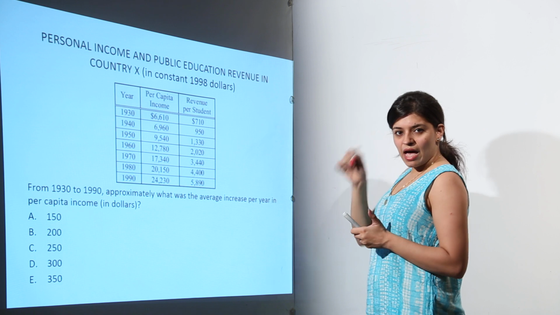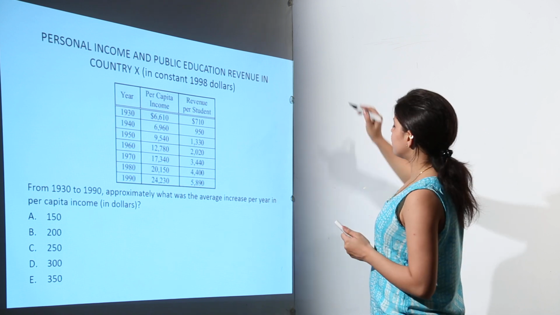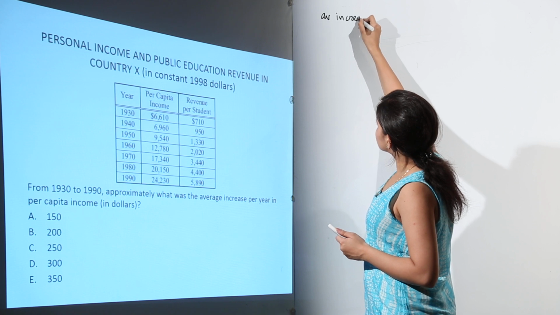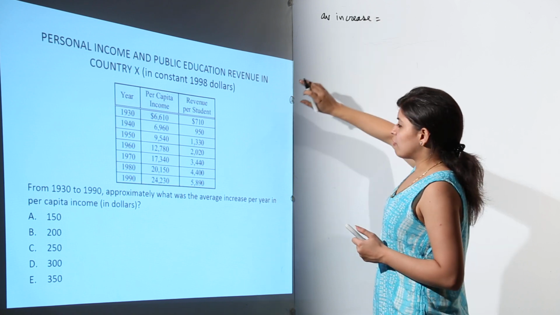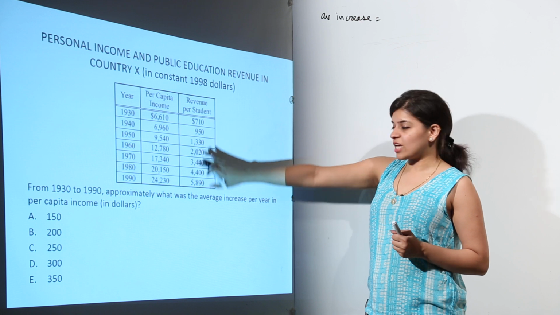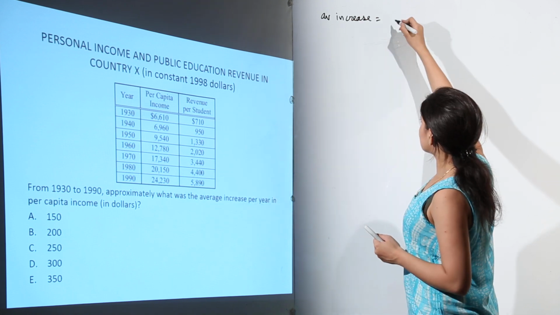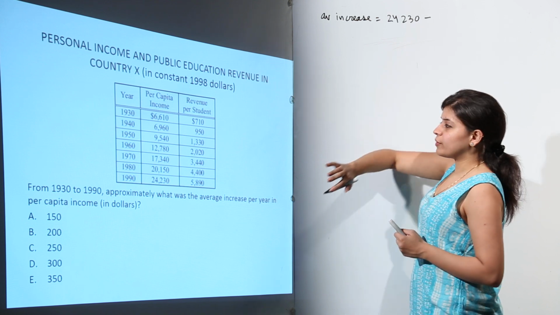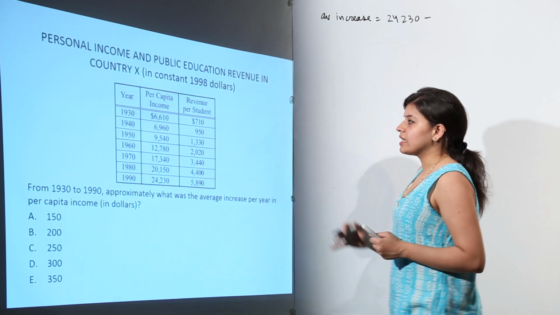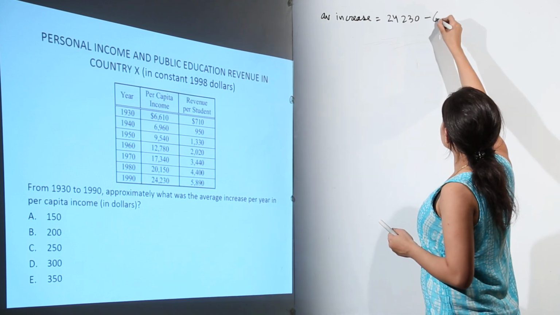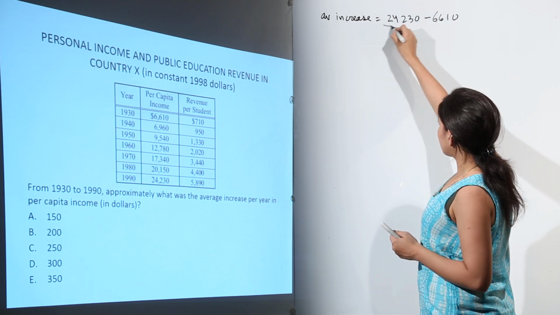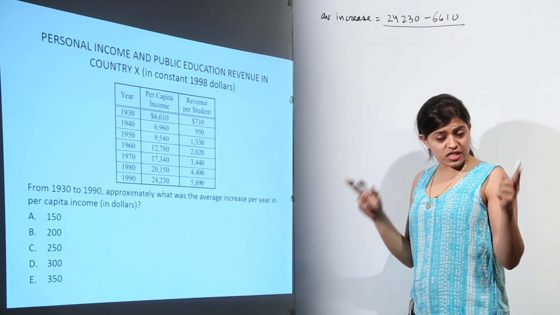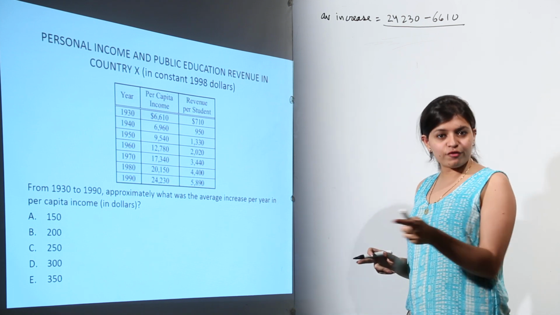To find the average increase, we will subtract the per capita income of 1930, that is 6610, from the per capita income of 1990, that is 24,230, and we will divide it by the span, that is the total span of 60 years, which will give us the average.